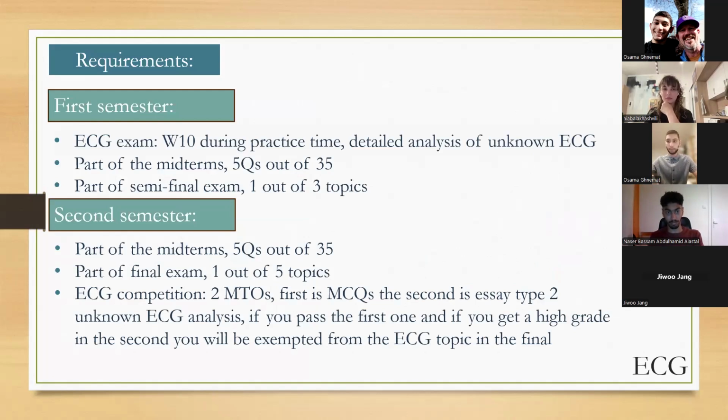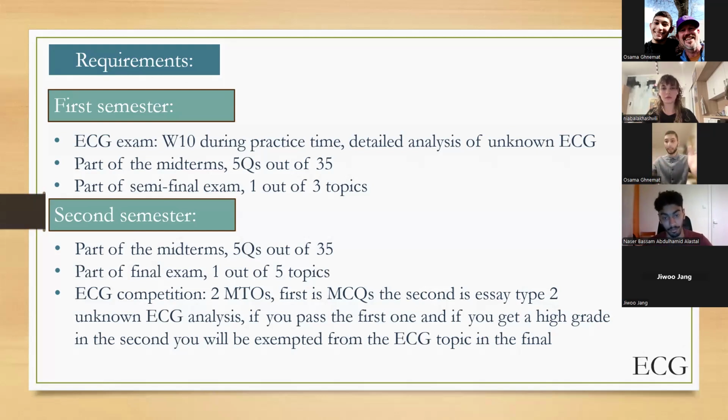Again, first semester we've already covered this, so I'm not going to recover it. You have a first semester dedicated ECG exam in your 10th week, and it's going to have some scattered questions as part of your midterms, and it's going to be your first topic in the semifinal exam for the first semester. Second semester is again part of the midterm.